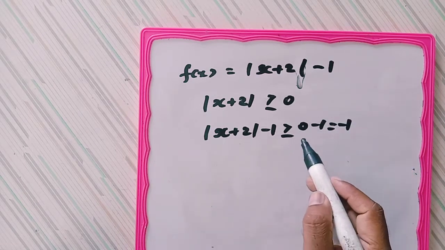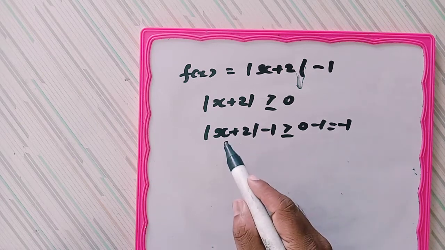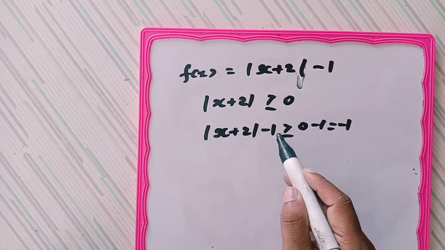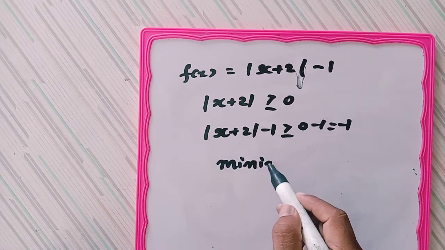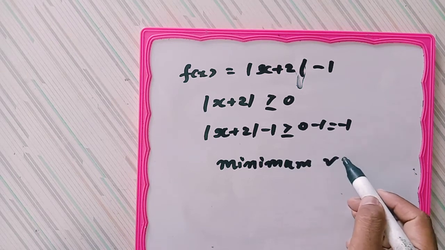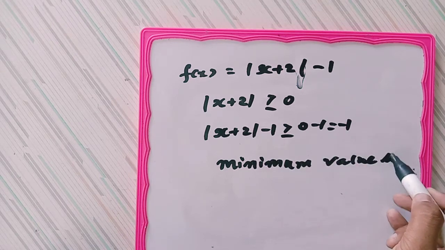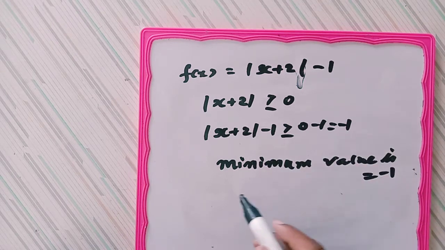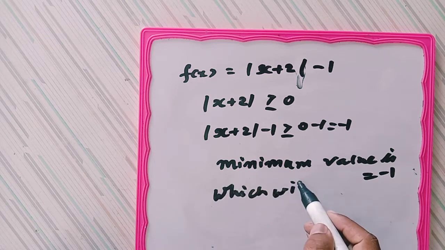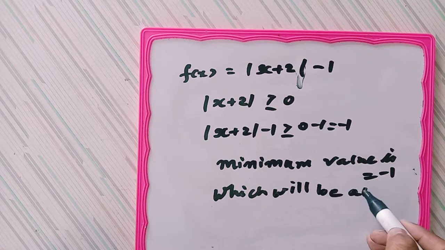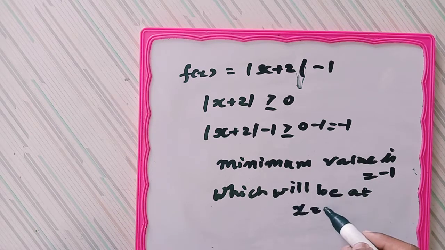And so the given function has no maximum value, but its minimum value is minus 1, which will be at x equals minus 2.